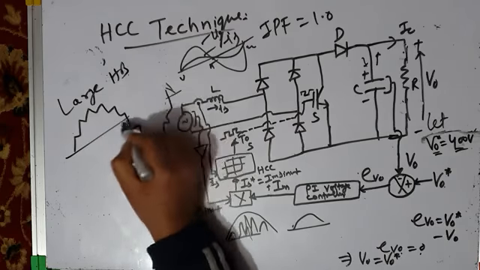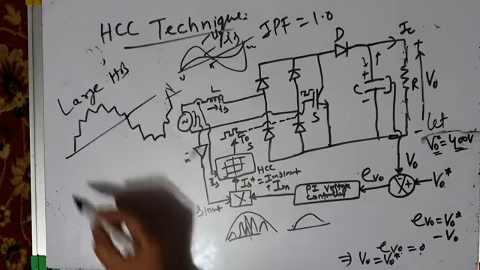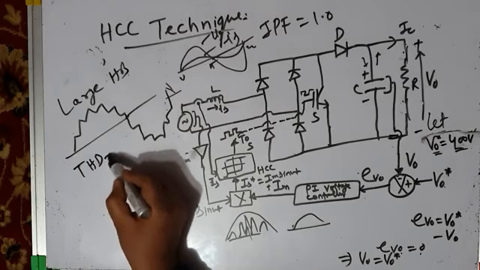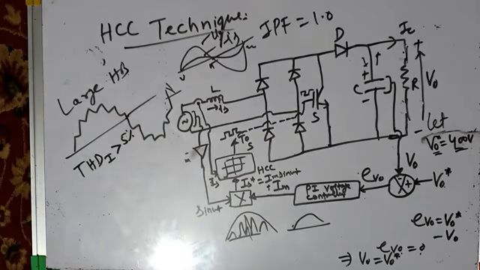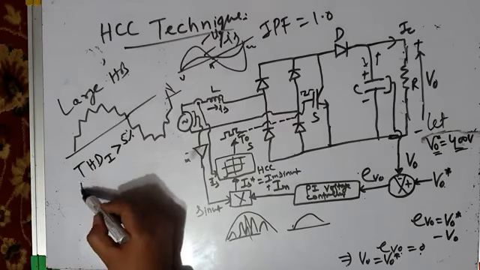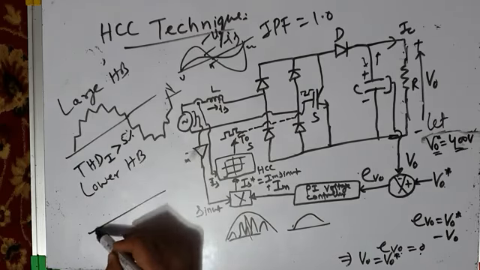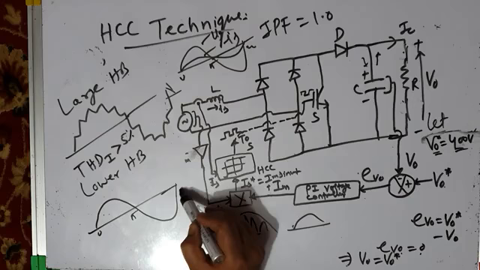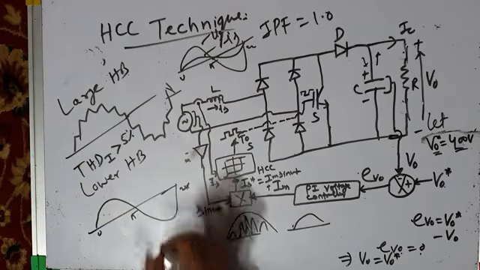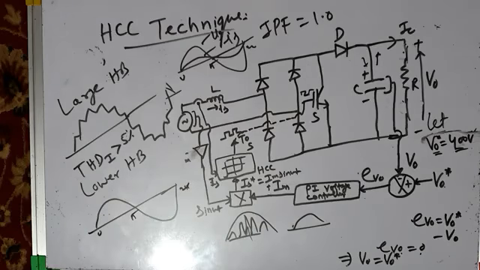No doubt it may be following a sinusoidal pattern, but the ripple content in the current will be very large, and the THD of the current will be much greater than 5%, which is unacceptable. On the other hand, if your hysteresis band is lower, your source current may almost look like the reference current. You may not be able to see these ripples there. But the hysteresis band has to be very narrow.